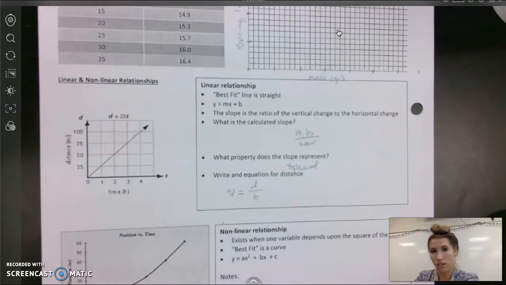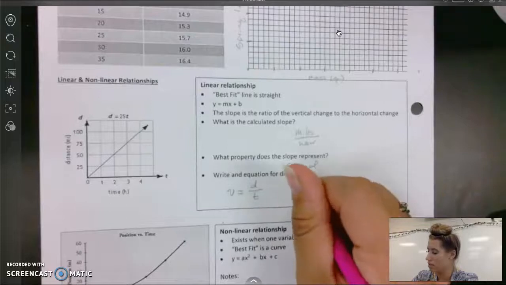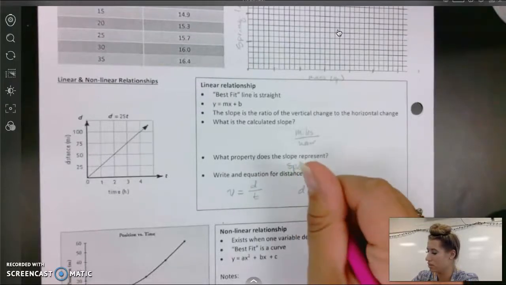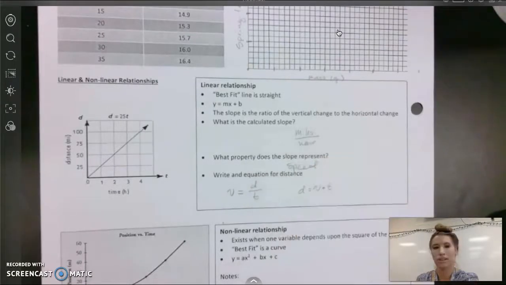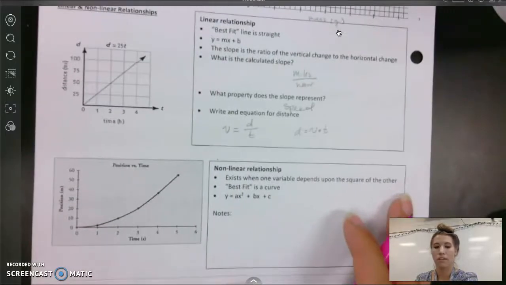And now we're going to solve for distance. So multiply both sides of the equation by time, and we have distance is equal to velocity times time. Okay, so that's our first kind of graphical relationship that we're looking at.